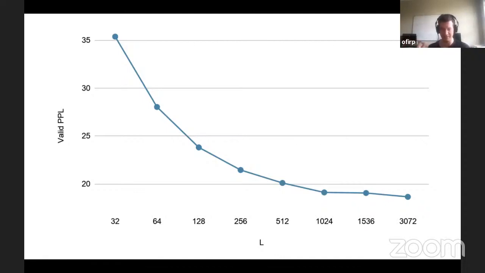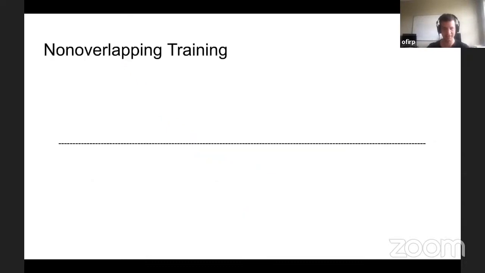We trained them on Wikitext-103, and then we ran them each on the validation set. And what we see is that the more tokens your language model can read at once, the better your validation perplexity is. So that affirms the community's belief. But what we're going to see is that this isn't necessarily always true.